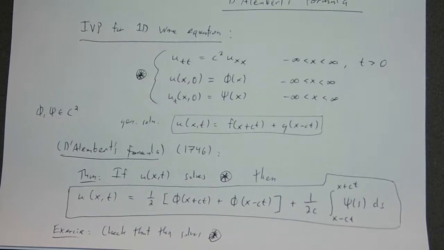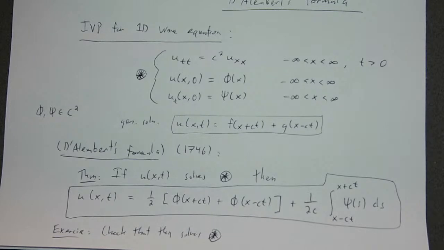There's a ridiculous amount of info that can be derived just from this formula. And of course, this purports to give us a unique solution to this IVP. So of course, this is it. Everything has to be here, right? So basically, everything you want to know about the 1D wave equation has to be answerable or showing up somewhere here, one would think. All right, so this is very important.